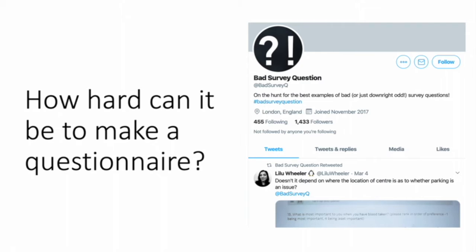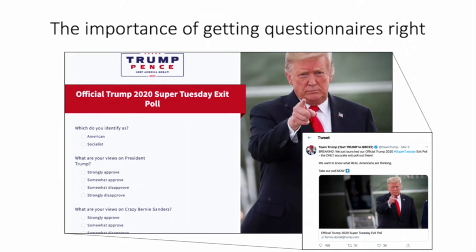And it's not just inexperienced people who've never developed a questionnaire previously who might struggle to make one. It's also people who do this potentially as a job or as part of their political campaign, for example.